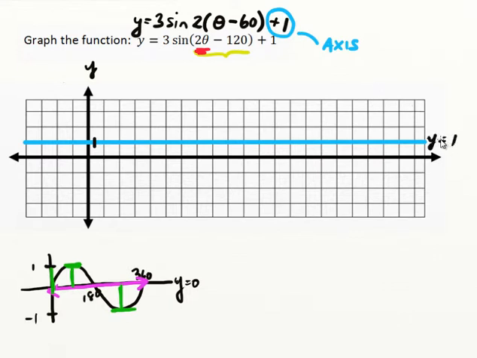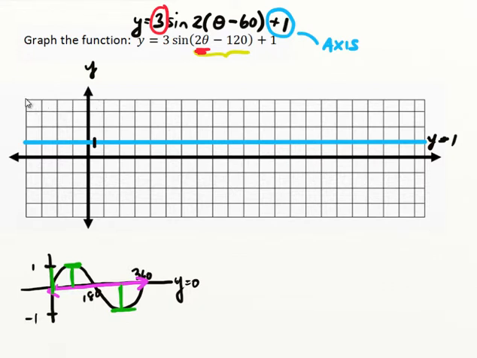What else do we know about this curve? If we take a look at the front of the curve, the 3 here gives us the amplitude. This will be the maximum and minimum height of the waves, and it is the distance away from the axis. So if the axis is at 1, the maximum will be 1, 2, 3 away from that.